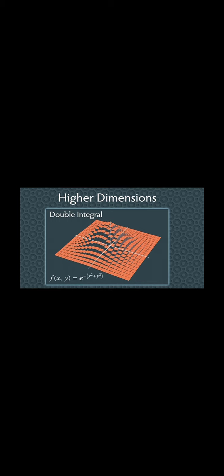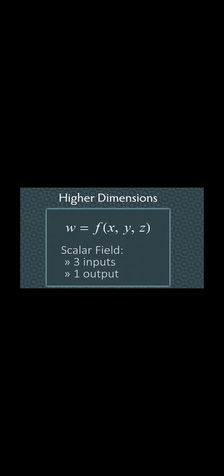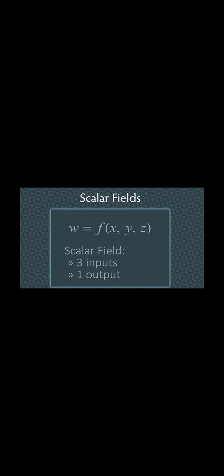So you also need to learn calculus for functions with three inputs, which are x, y, and z. If a function has three inputs and one output, we call it a scalar field. An example would be a function returning the temperature at any point in space.